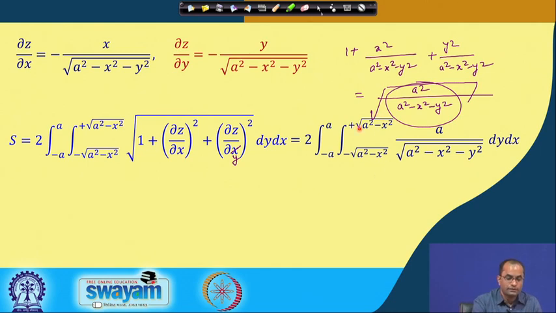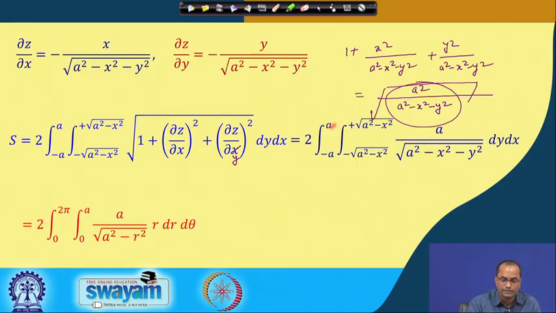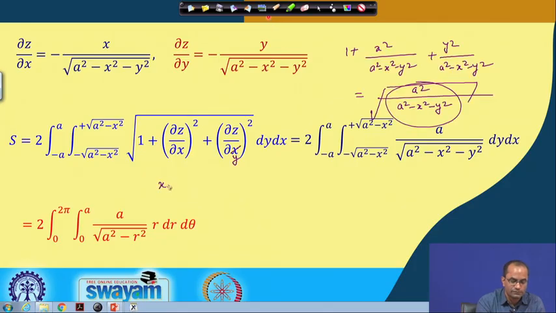So, now if we change to the polar coordinate, because that will be easier looking at the limits of the integrals as well as the integrand, it suggests that we should convert to the polar coordinate, which was discussed in the last lecture. So, that means we will substitute x is equal to r cos theta, and we will take y is equal to r sin theta.